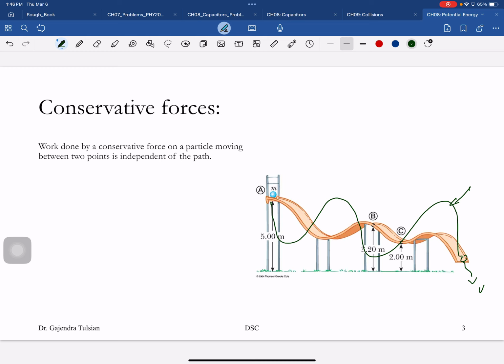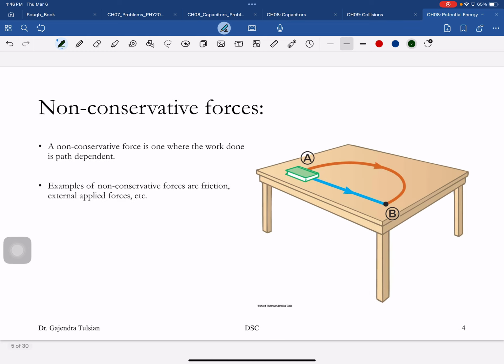Of course, for friction forces, the work done depends on the path taken. For non-conservative forces, the work done depends on the path taken, and in general that integral is hard to do. So, what are the non-conservative forces?